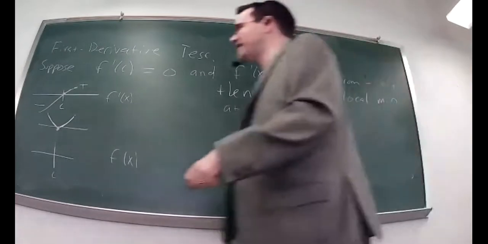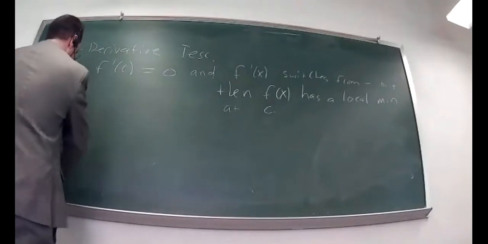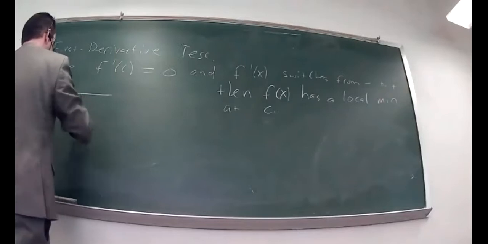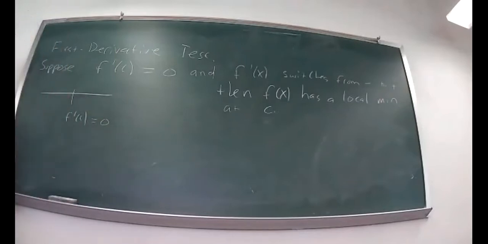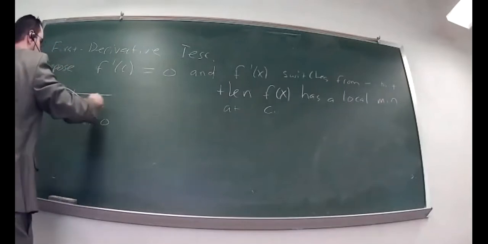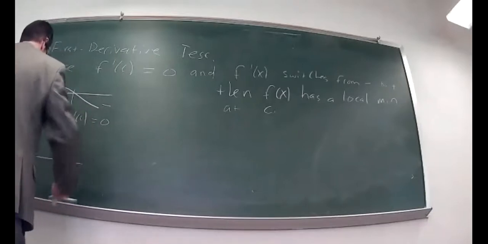So let's look schematically at the other picture. What if you had, again, f prime of c equal to 0, but now you're switching from positive to negative. So then what is f of x doing?